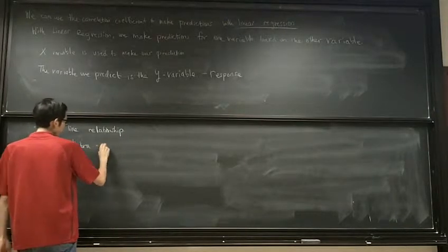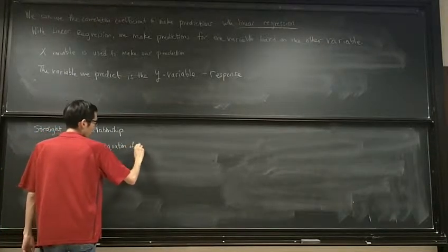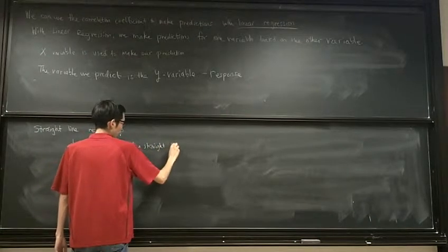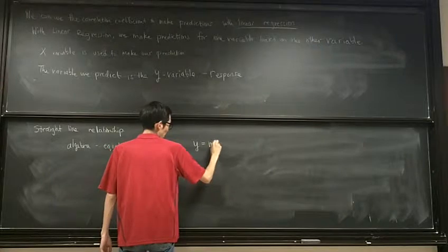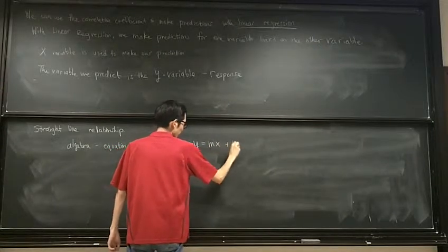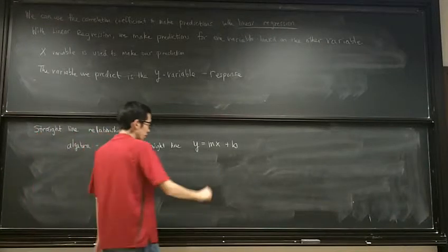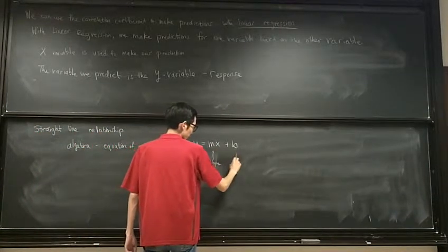Algebra, equation of a straight line is y equals mx plus b. What is m? Slope. And what is b? The intercept.